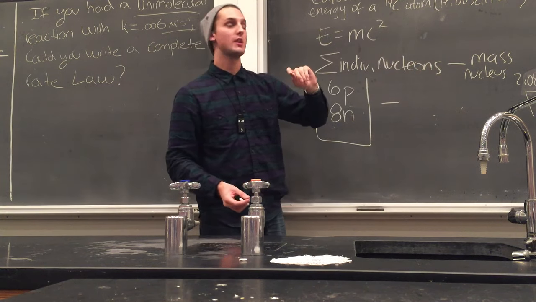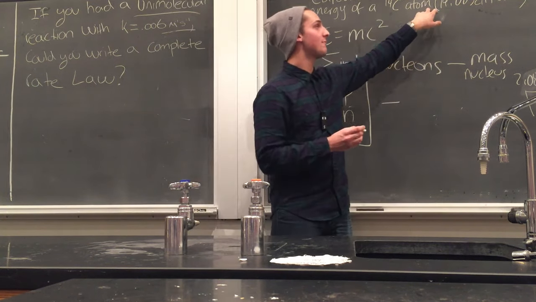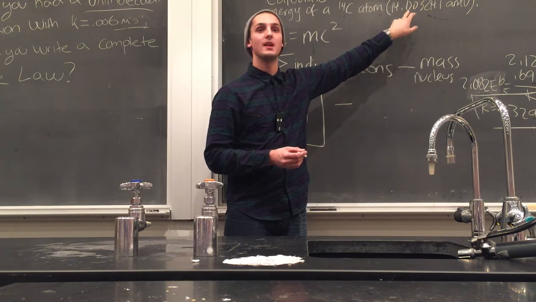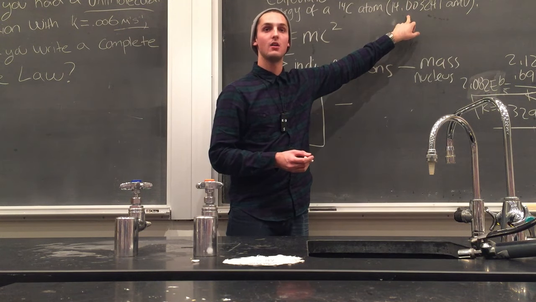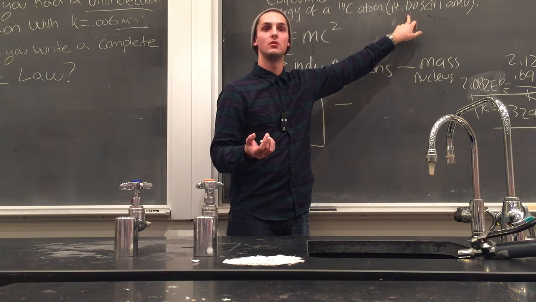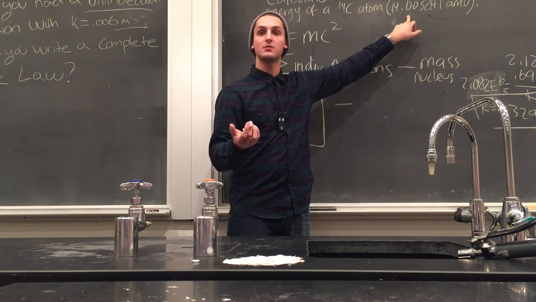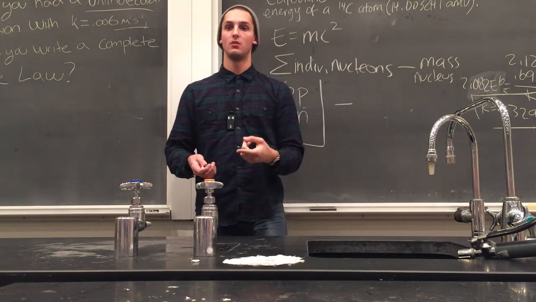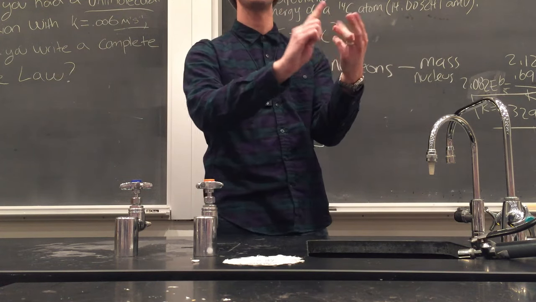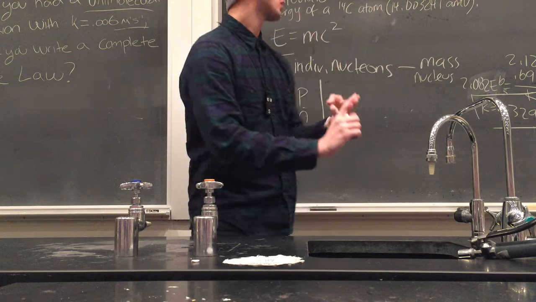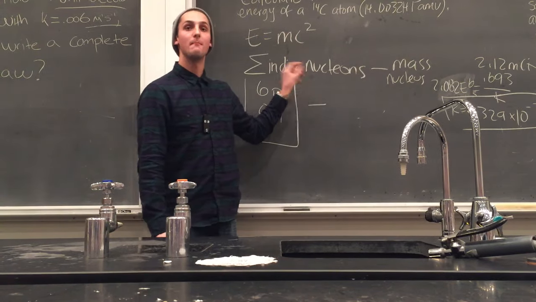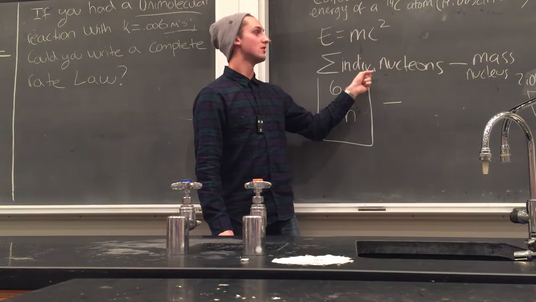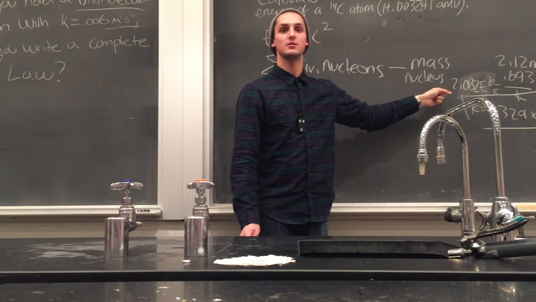Now, one thing to note here, in this problem, they gave me the mass of an atom in amu, right? What's the problem with that? It's not in kilograms, and more importantly, what is included in this mass of the atom? Protons, neutrons, and electrons. So I'm only comparing here the mass of these nucleons, subtracting the mass of the nucleus.